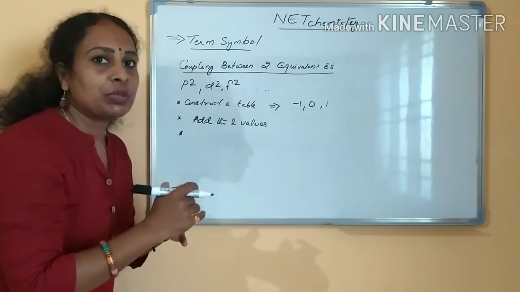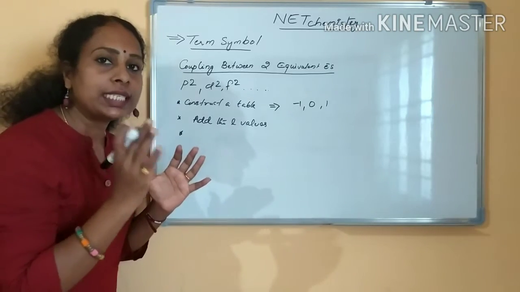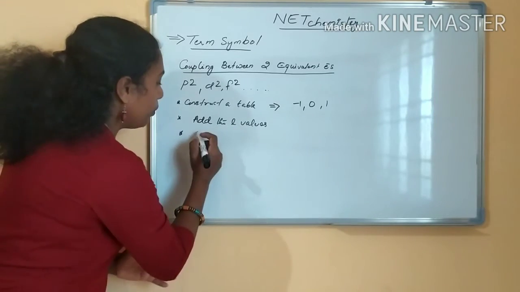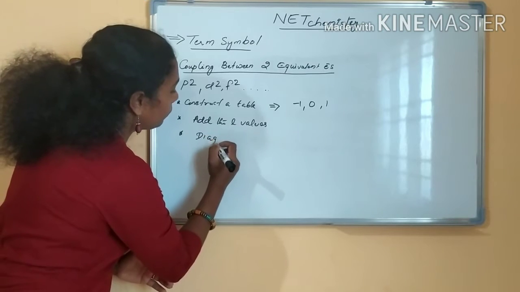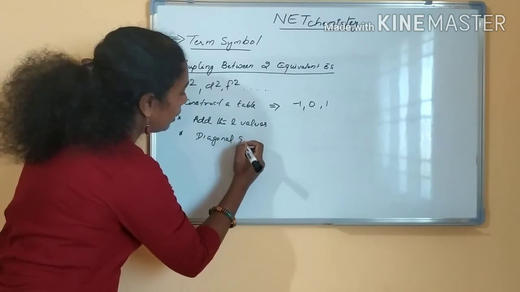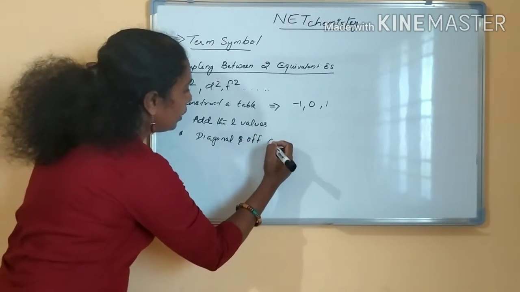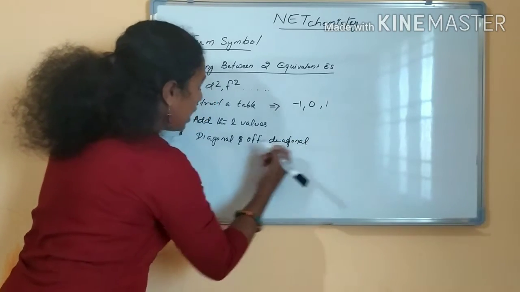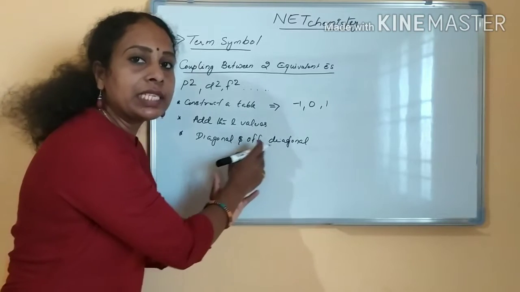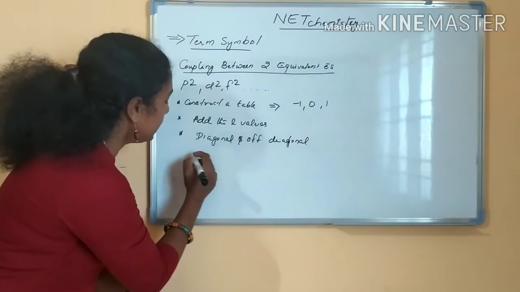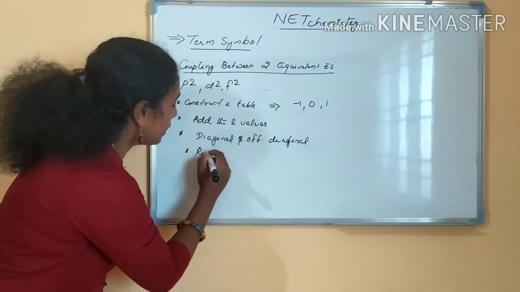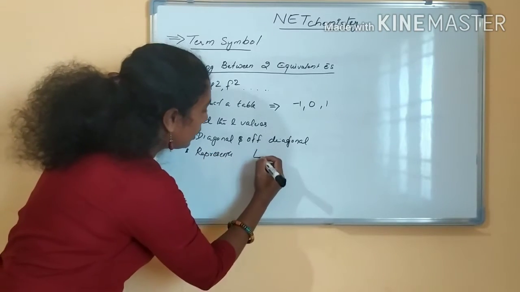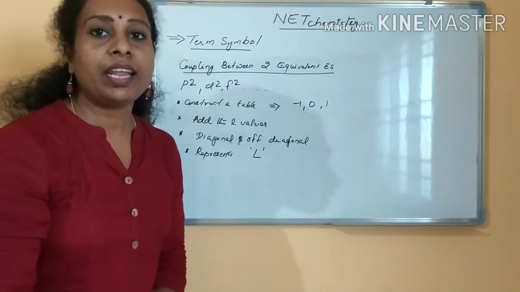I will show you how to construct the table. You have to take all the diagonal and off diagonal elements, and what do they represent? Your capital L value.